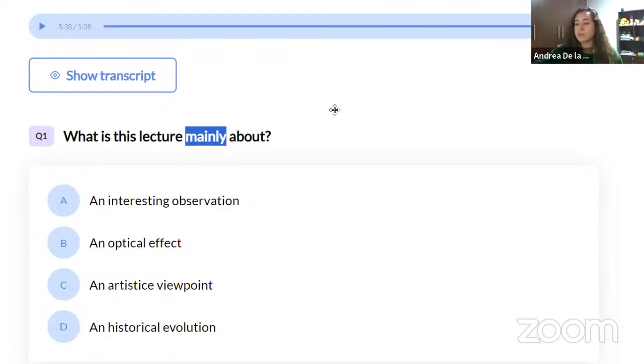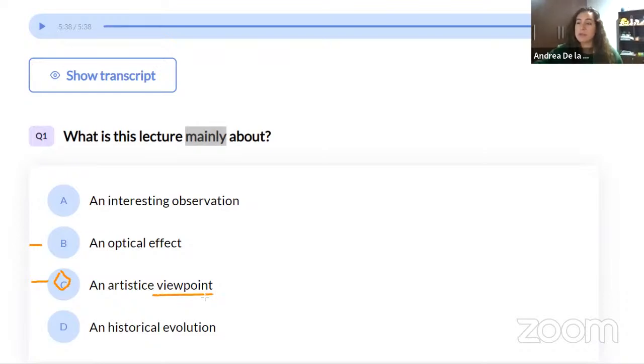The main idea is just visual perspective, because we have the types, we have the definition of visual perspective, and we have the history. So in general, it's just visual perspective. Now, somebody was saying B and C. Option C is very tricky and very tempting as well, because it does contain a synonym. It contains the word viewpoint.